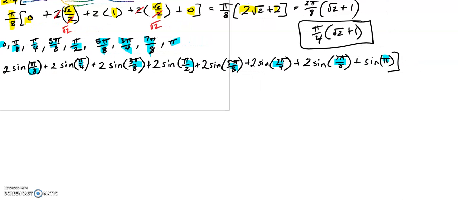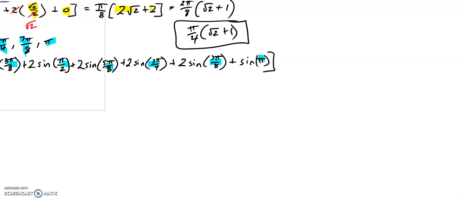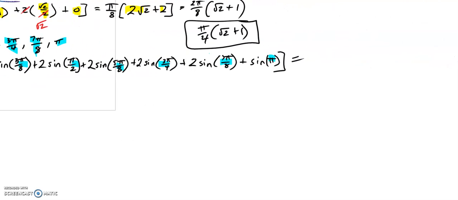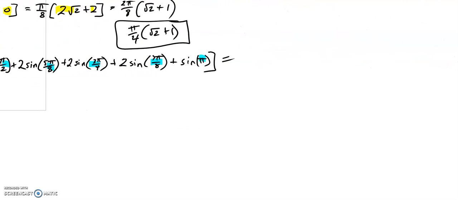It's not one that's necessarily on the unit circle, but be careful when you're plugging in. If you plug all of these into the calculator at the same time, once you multiply by the pi over 16, your answer should be 1.974.